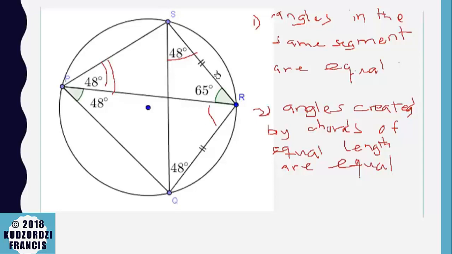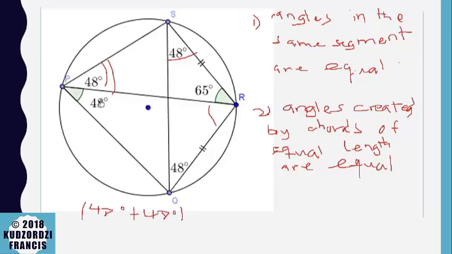It's a tautology, because chord QR subtends 48 degrees over here, and at first QR was coinciding with itself, that's why we have the 48 over there. Now we use the angles in a cyclic quadrilateral property to find the missing angle.